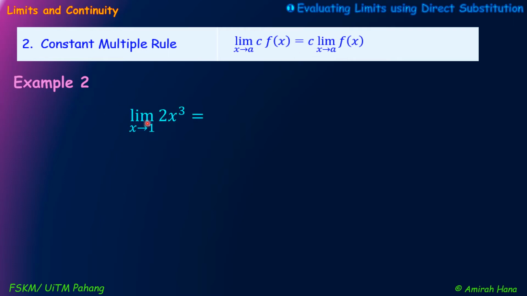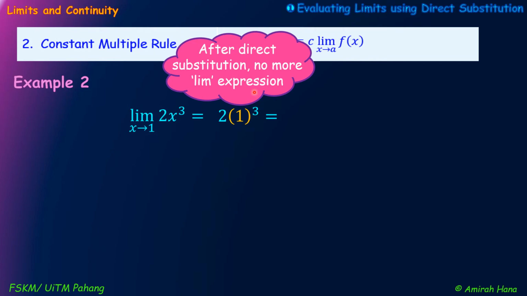For example, the limit as x approaches 1 of 2x cubed using direct substitution: after we plug in the value of 1 into variable x, we get 2 times 1 cubed. After we use direct substitution, there is no more limit expression. That's how we solve a limit. Then we simplify, so 2 times 1 cubed equals 2.